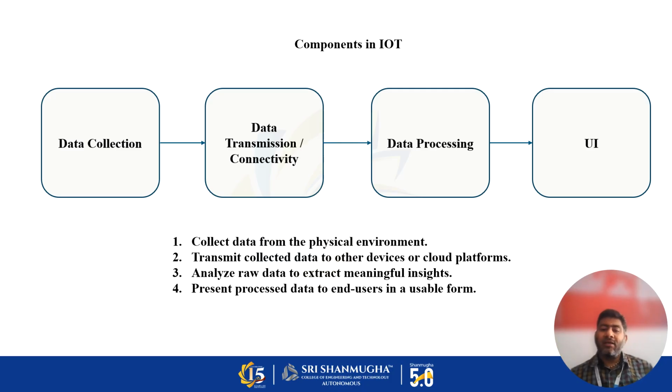Once the cloud platform receives those data, the raw data will be processed so that it could be turned into some kind of meaningful information. Once that meaningful information has been converted, a user such as yourself, by using an application or a web page, can look at what are all the data which has been collected. Now we will look into this in detail.